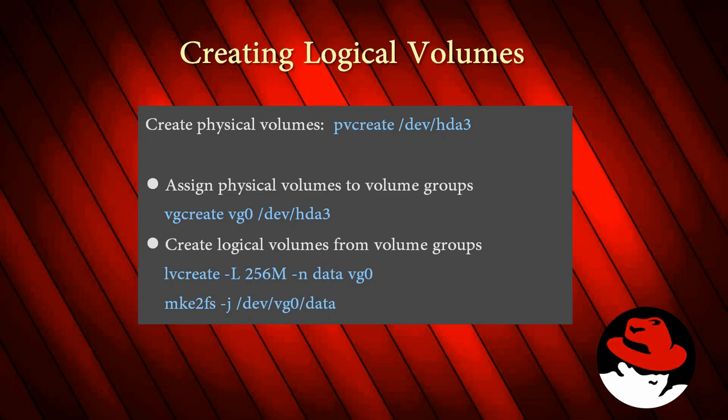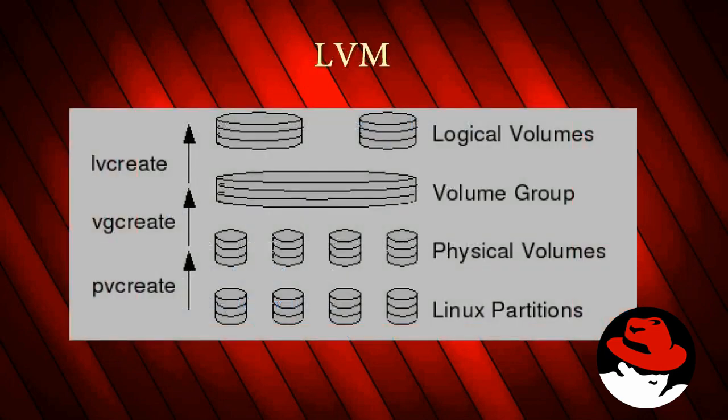Remember from the previous diagram, we first create Linux partitions, then physical volumes. When physical volumes have been created, we create volume groups, and after these have been created, we create the logical volume at last. So the process of creation is to first execute the pvcreate command, then vgcreate, then lvcreate.